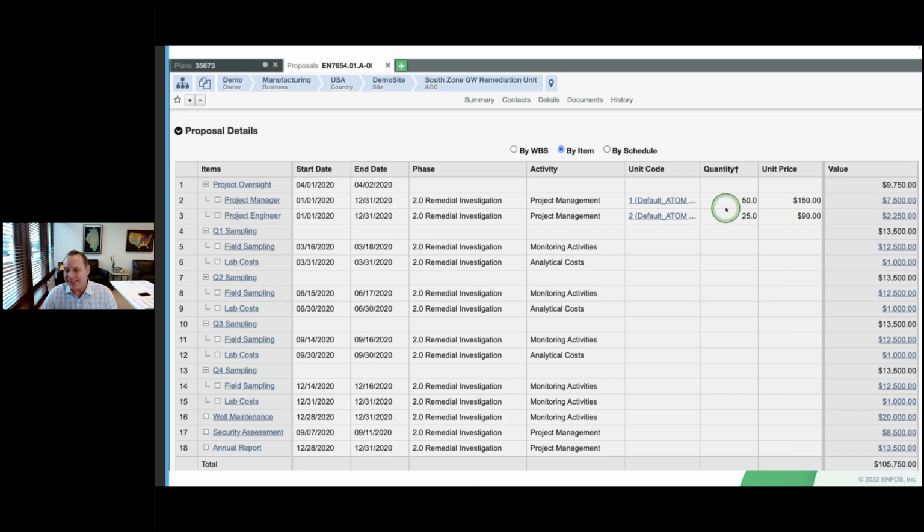So unit pricing on labor rates or equipment or materials is just one estimating methodology that you all use in ENFOS, but I wanted to show at least one example of that.